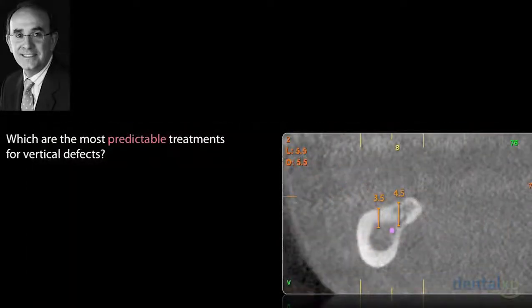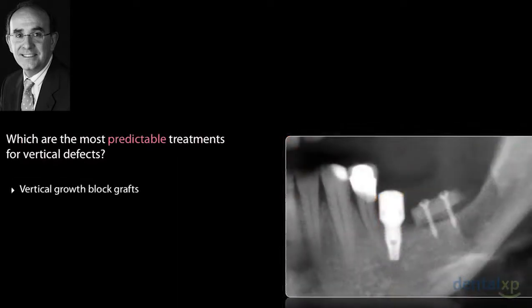Today, my topic is to talk about the difficult situation when we are in front of a mandible with severe resorption. And I want to present to all of you that today it is very easy to treat these cases with different approaches. My first specialty was maxillofacial surgery.